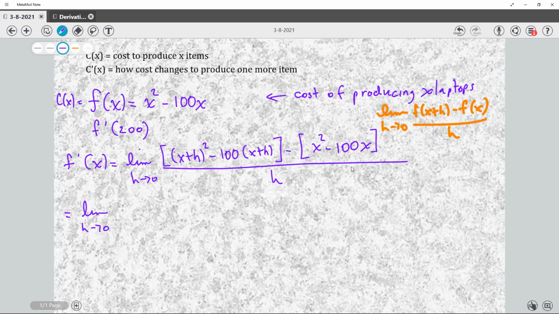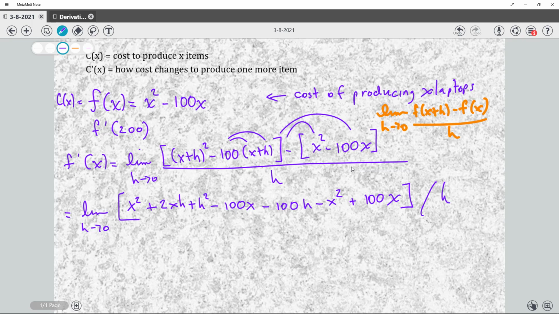I can FOIL the x plus h, which becomes x squared plus 2xh plus h squared. I can distribute the negative 100 h. Let's also distribute the negative on x squared and the negative on the plus 100x, all over h.